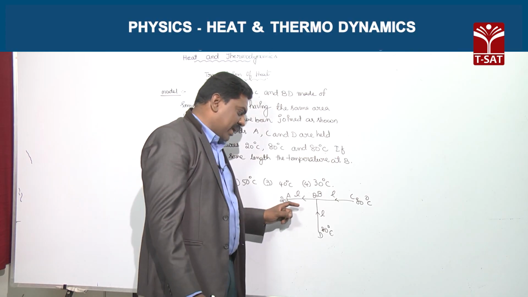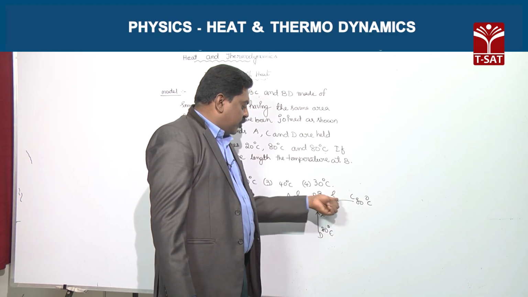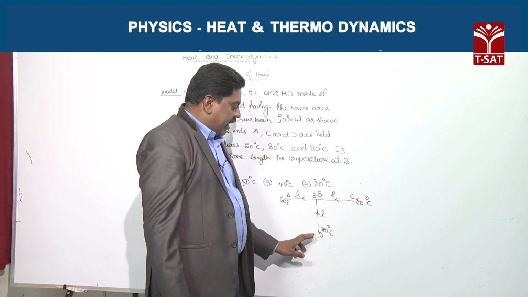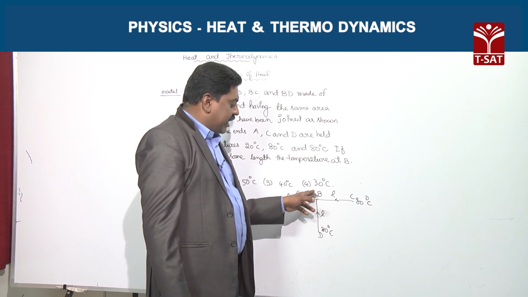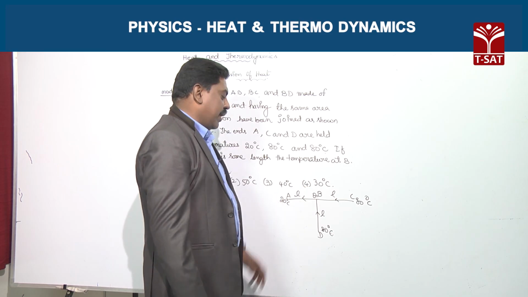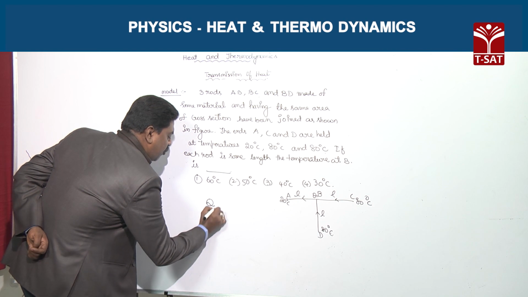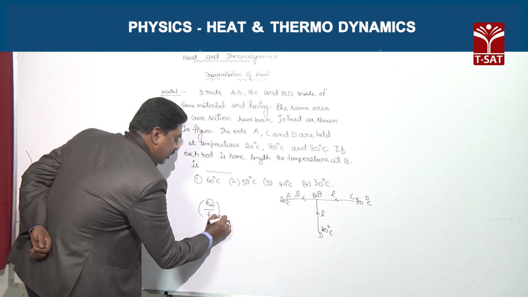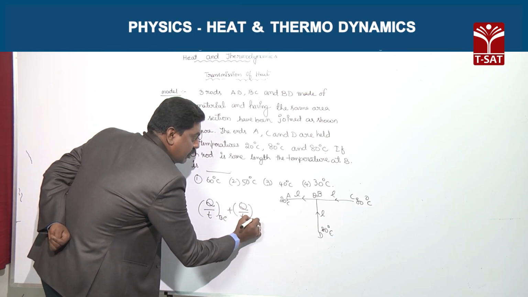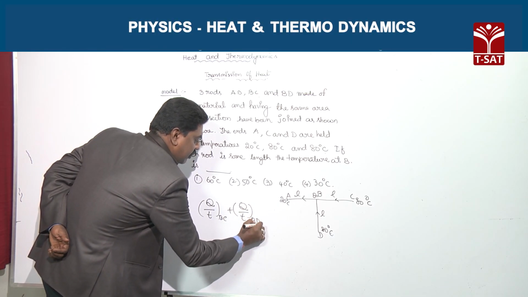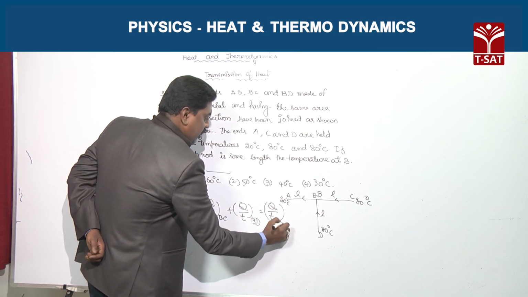Here also we have the rate of heat flow from C to B and from D to B, and then from there the rate of heat flow from B to A. So the rate of heat flow Q by T of BC plus the rate of heat flow from BD is equal to the rate of heat flow from AB.